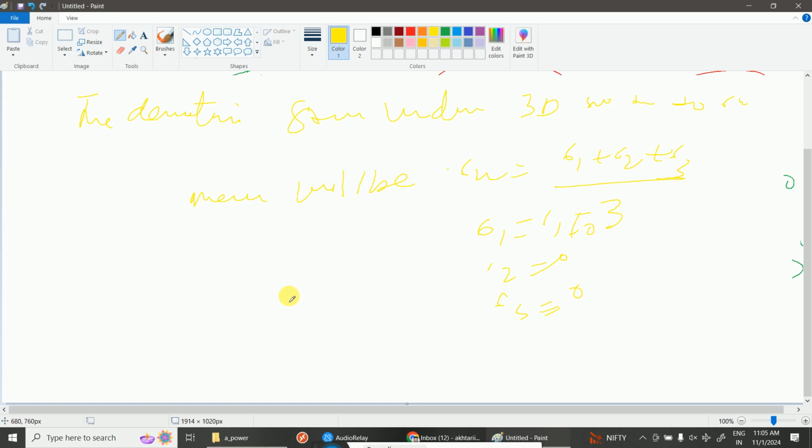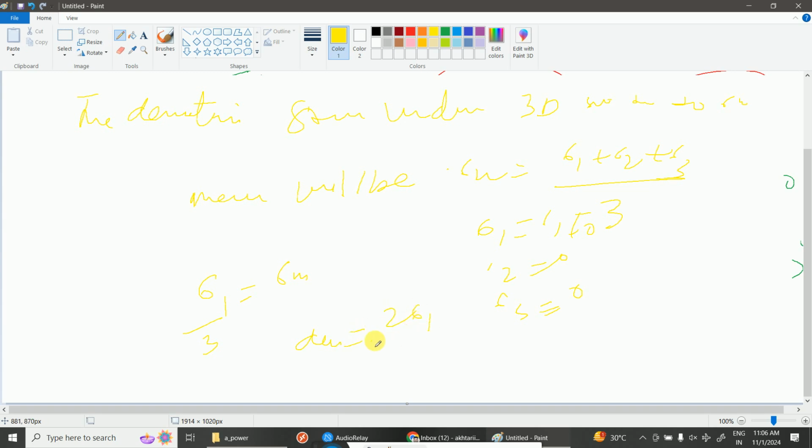So by default, sigma m is sigma 1 by 3. Then the deviatoric in the case of the uniaxial, what will happen?